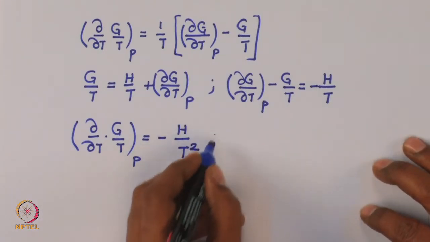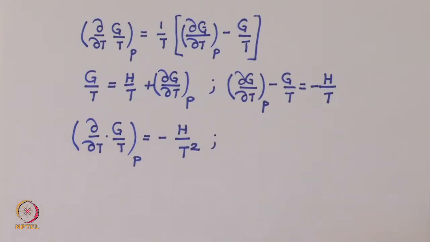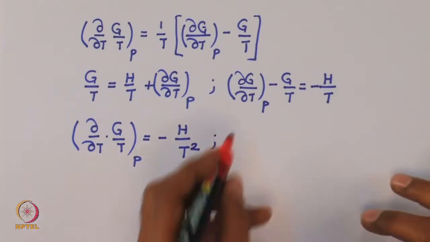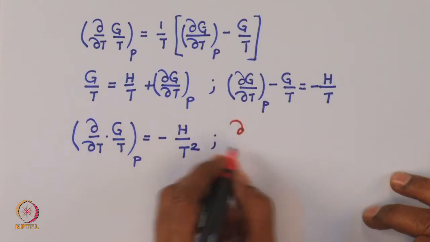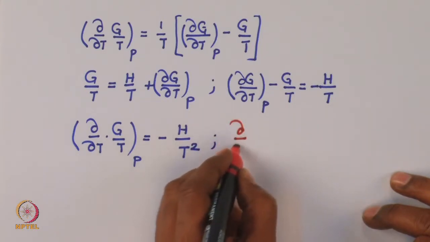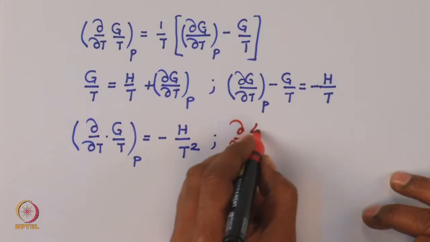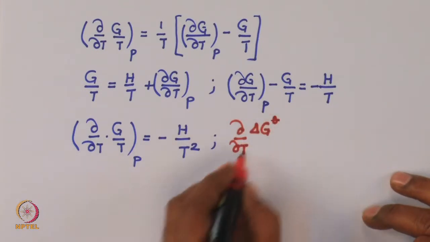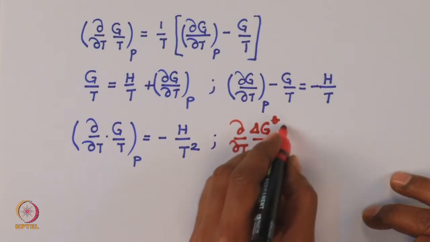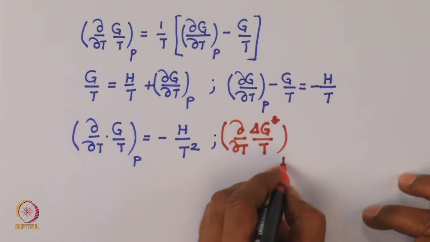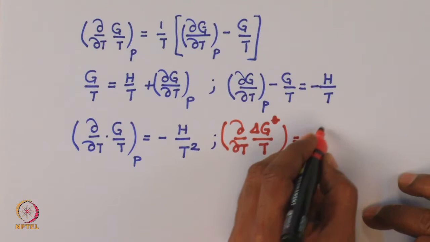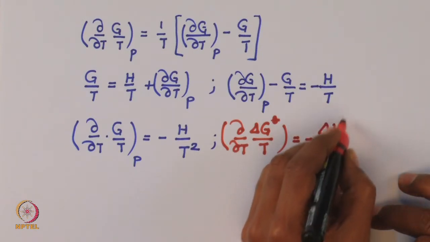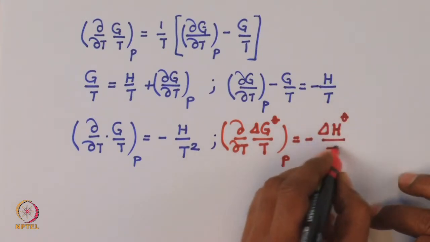If I apply it to the reactions, then I have temperature derivative of delta G, let me put the standard state condition, delta G naught by T at constant pressure is equal to minus delta H naught by T square.